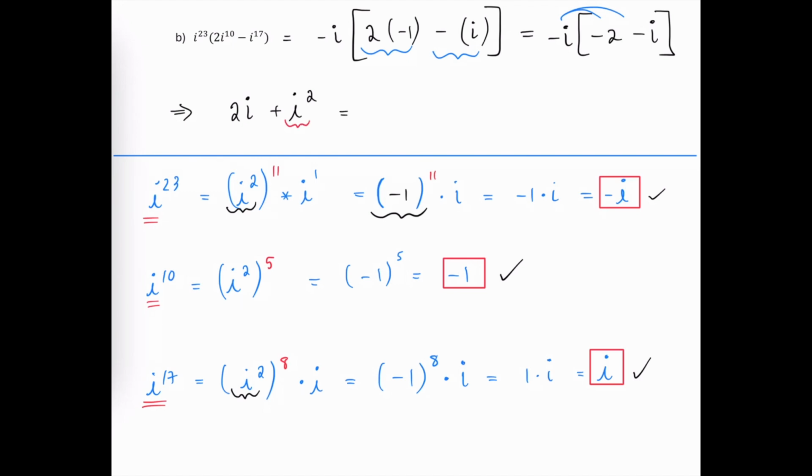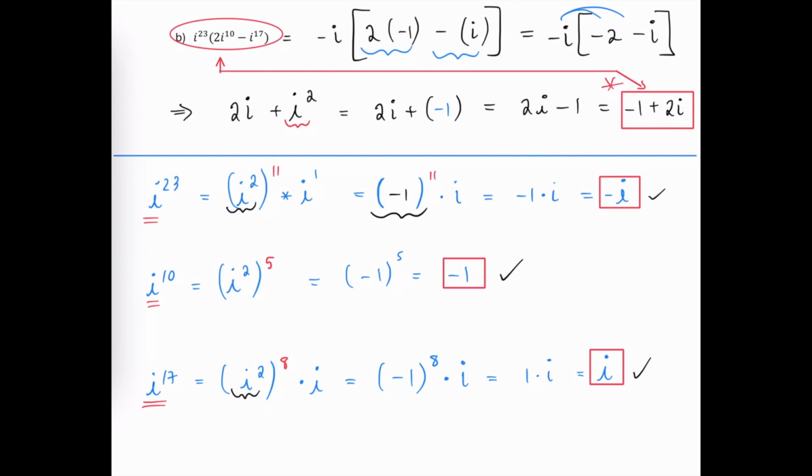Anytime we see an i squared, we replace that with negative 1, so this becomes 2i plus negative 1. So now we have 2i minus 1, and the preferred standard form will have the real number that comes first and the imaginary that comes second. So negative 1 plus 2i is the standard form of the complex number that results from this expression.